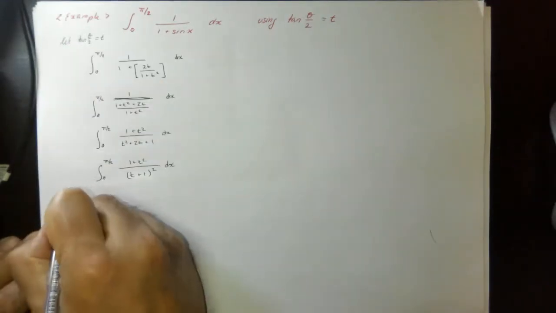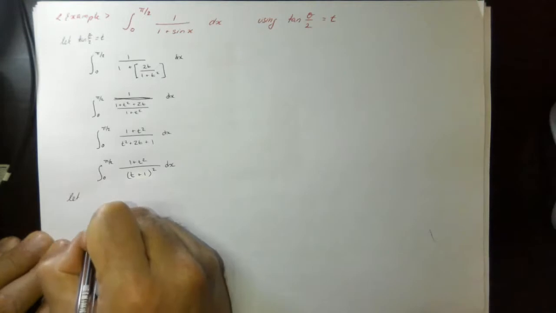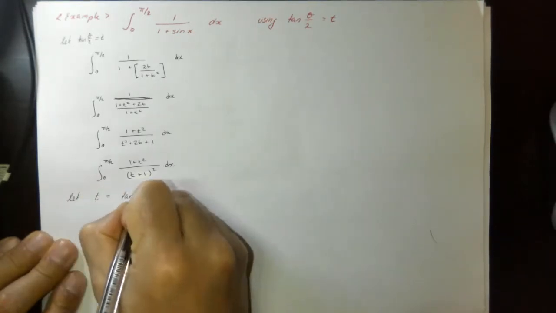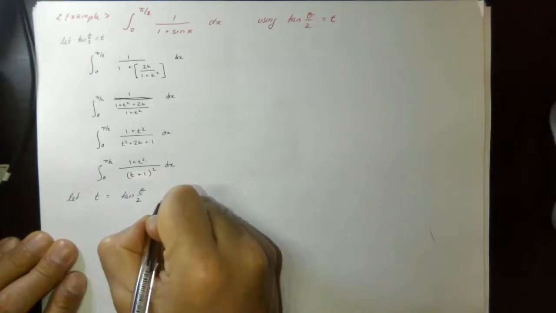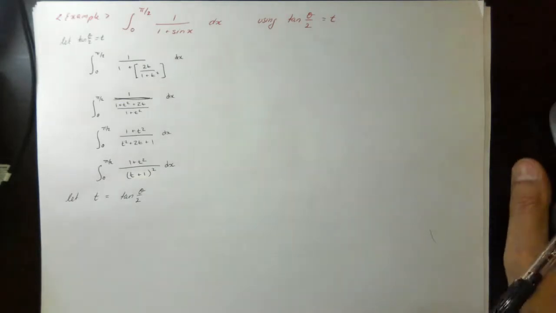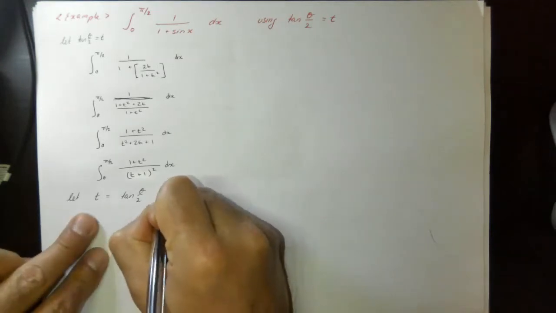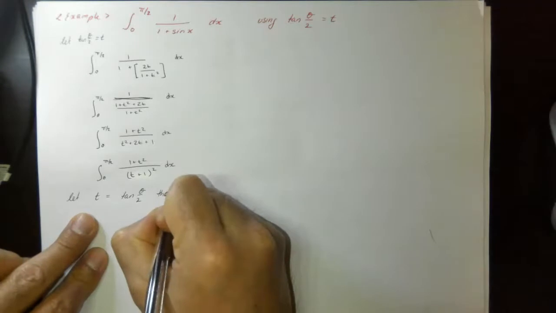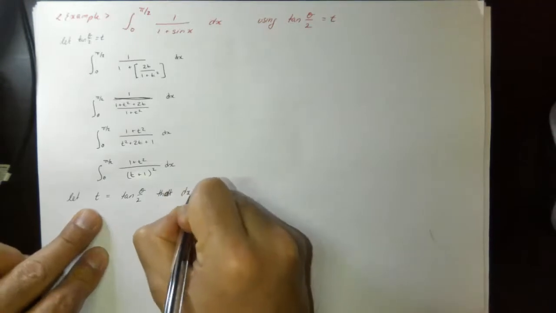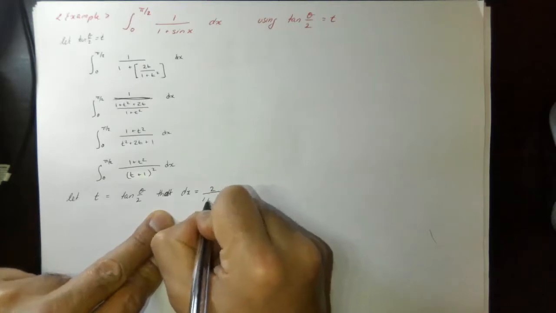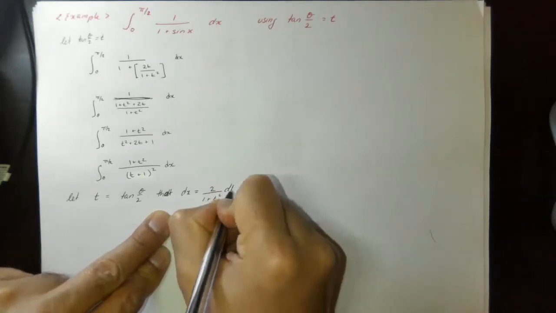Because I've let t equal tan alpha on 2, it's important to know that when you differentiate and make dx the subject, you get 2 on 1 plus t squared dt.